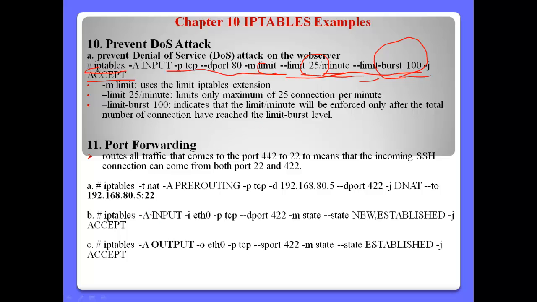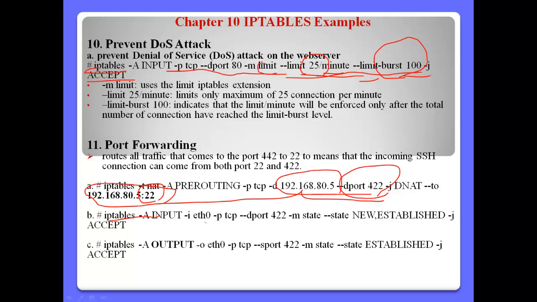Number 11, port forwarding. Okay, in this case, now 192.168.85 is the server, and destination port 422. In this case, this packet will be forwarded to 192.168.85, port number 22.